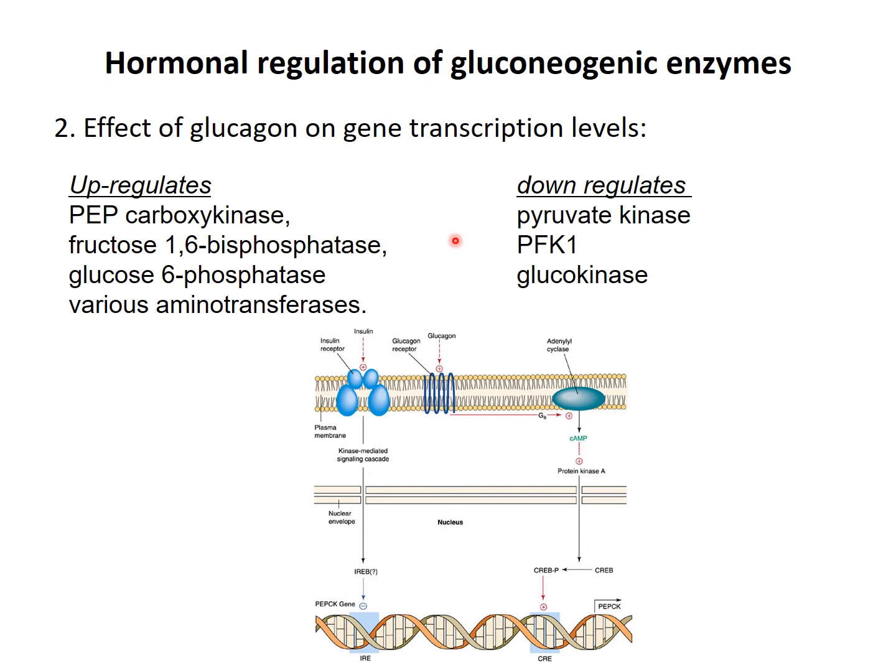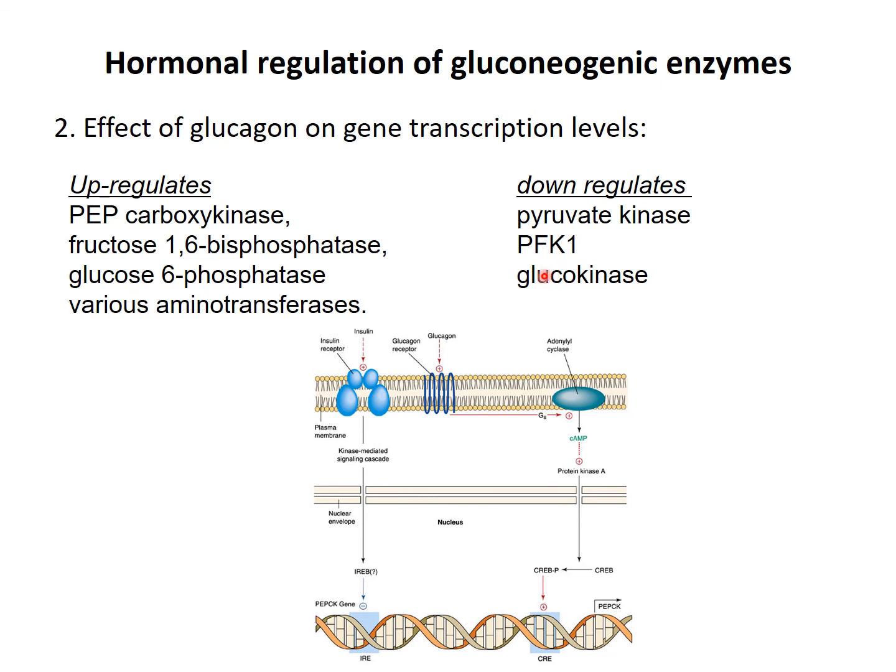There is another hormonal regulation by glucagon and, of course, opposed by insulin, and this is in the gene transcription level. Glucagon will upregulate the transcription of the genes that code for 3 of the gluconeogenic enzymes. In the meantime, downregulate the expression of the glycolytic enzyme.